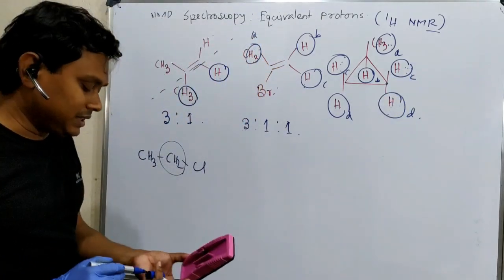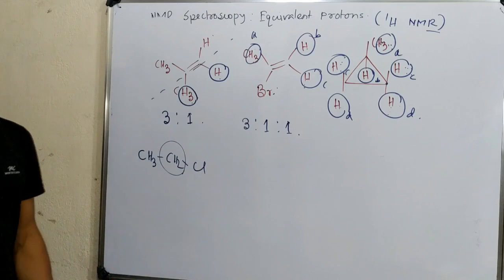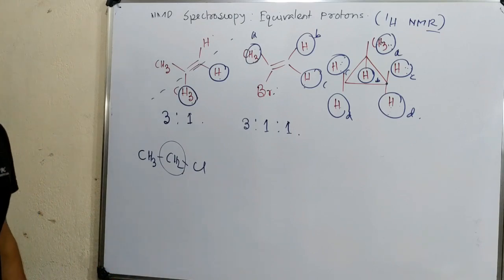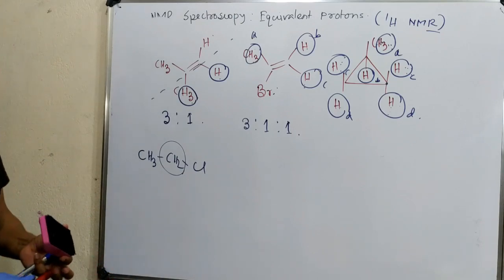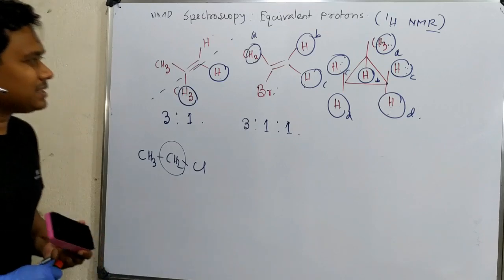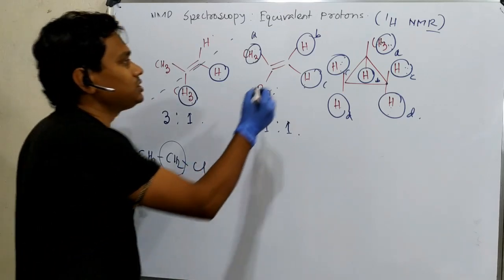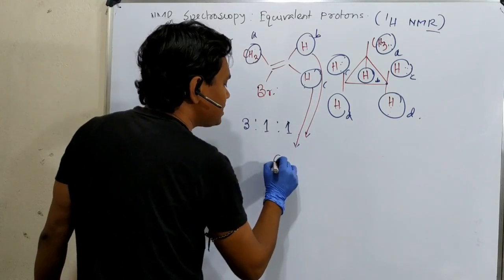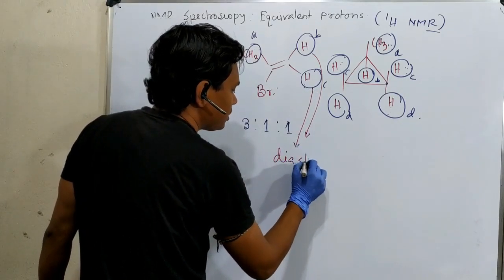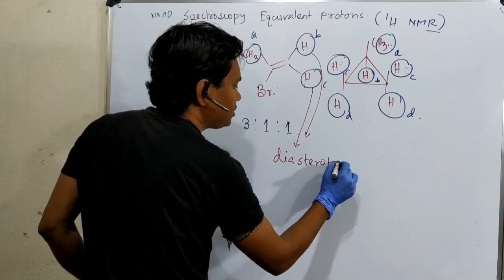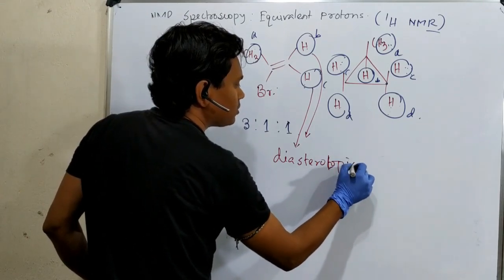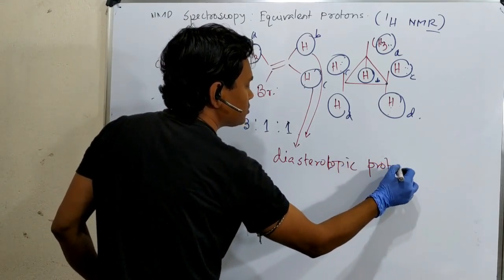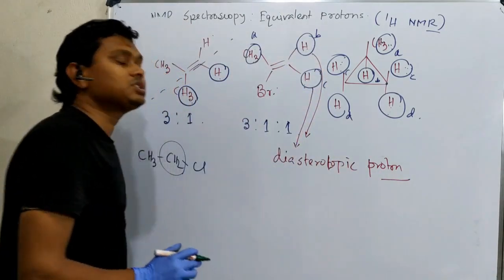And in the case of a cyclic molecule there is a restriction of rotation. Another thing, one important terminology: these two protons, what is their name? Actually they are diastereotopic protons, because the relation is diastereotopic.